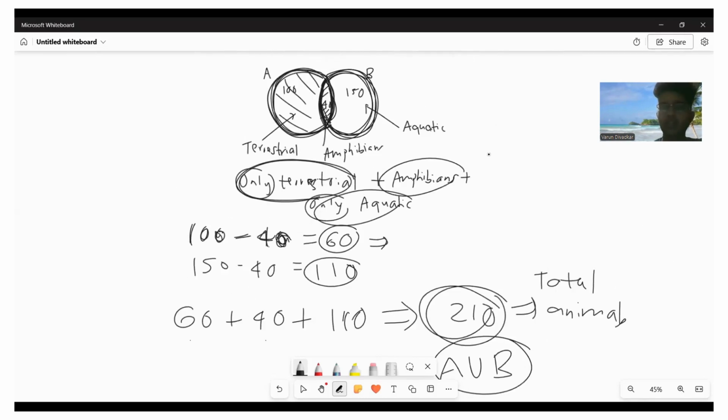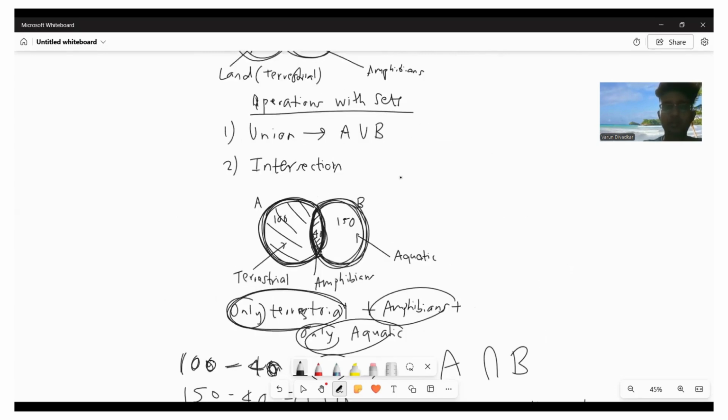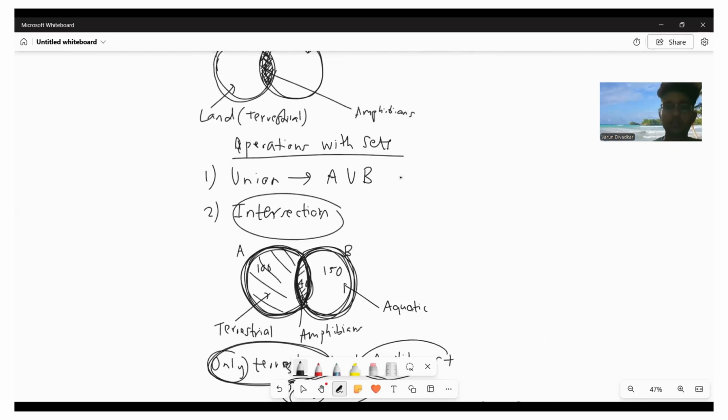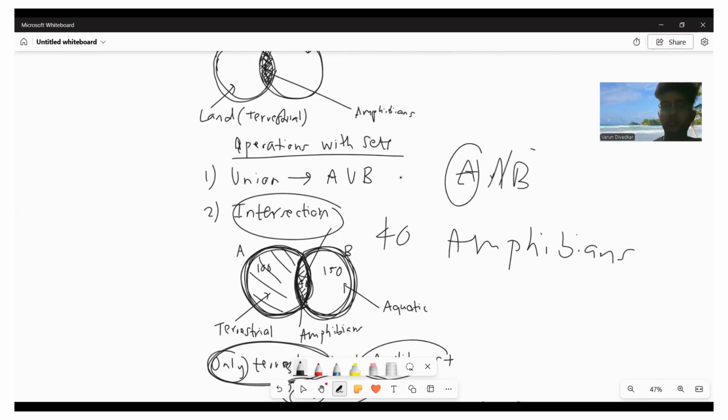And what is A intersection B? What is this intersection? This is nothing else but the 40 amphibians. So A intersection B represents those elements which are common to both A and B, right? Which in this case is amphibians.